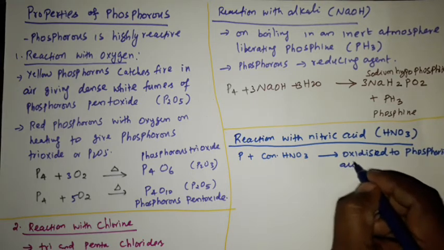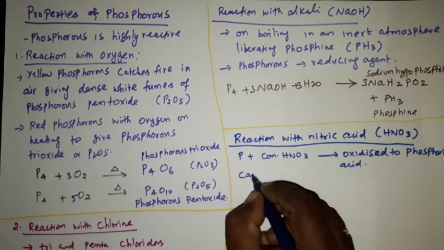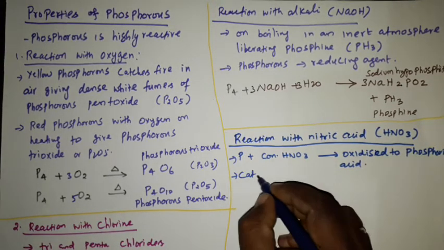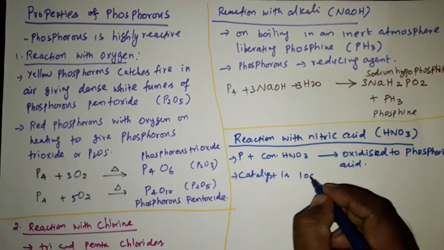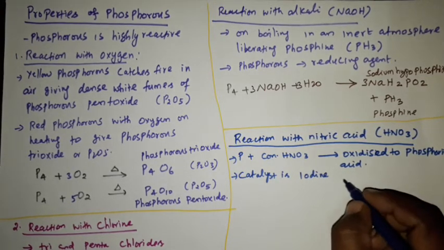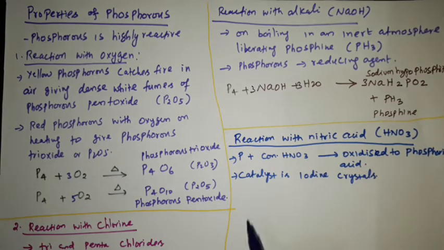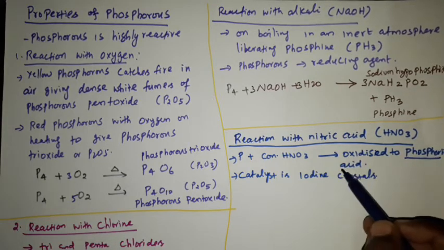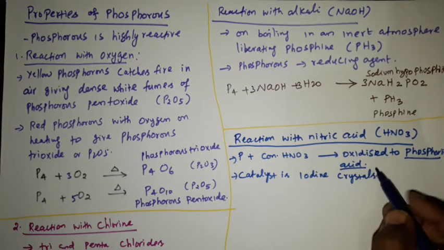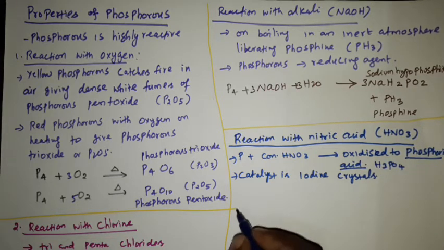This reaction is catalyzed, and the catalyst is iodine crystals. So the product is phosphoric acid, whose formula is H3PO4.